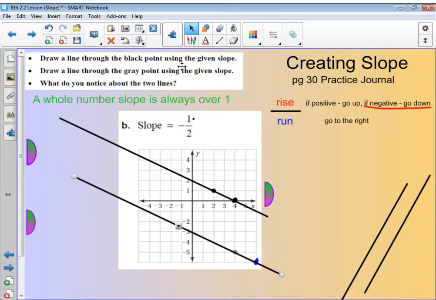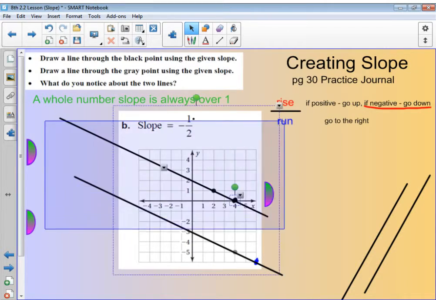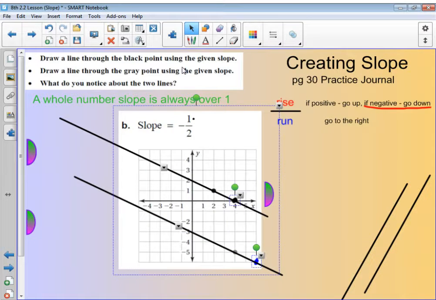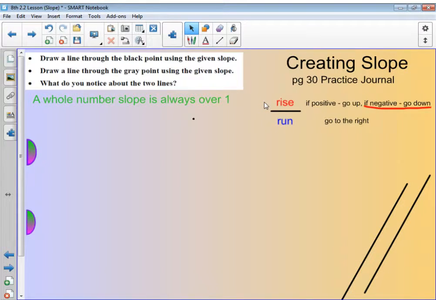Okay, so there's my 2 lines of my rise and my run of the slope of negative 1/2. Okay, so let's try another one.